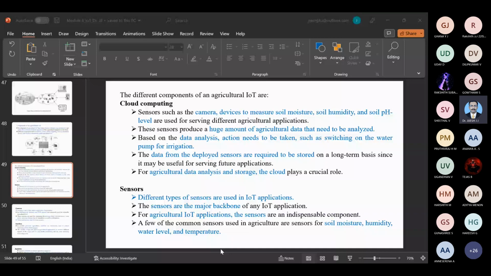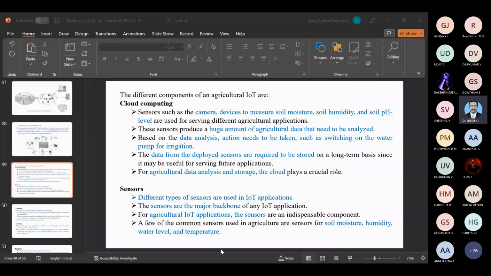You can say the agricultural IoT applications play a major role where these components can be put in a very proper manner, and you can make sure that the sensors make the agricultural land very precise with respect to soil moisture, humidity, water level, temperature, fertility content.